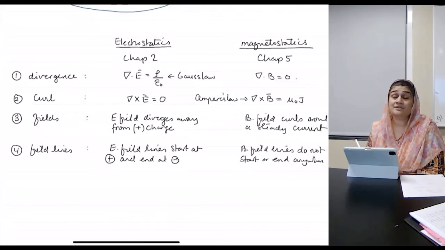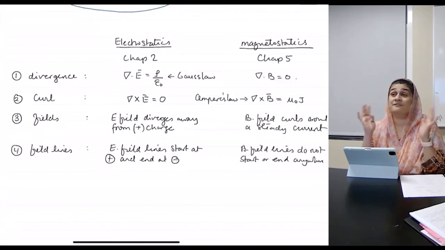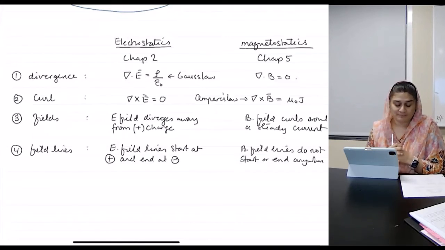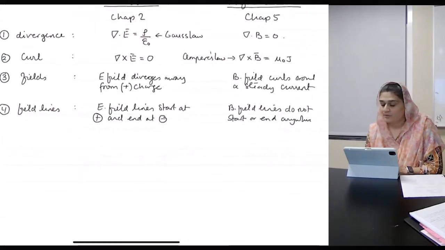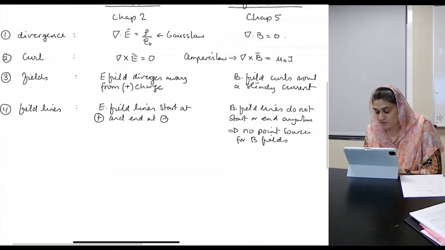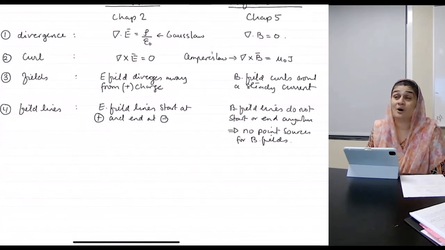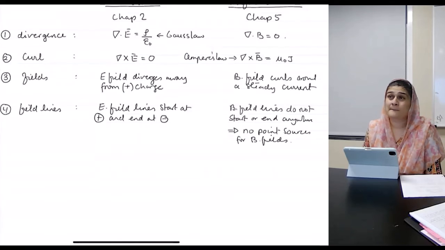If they did start or end anywhere, you would have divergences. And since divergences don't occur, B field lines cannot begin and end anywhere. This implies no point sources for B field, which also means no monopoles, right? B fields cannot have monopoles. You always have a north and a south for magnets.